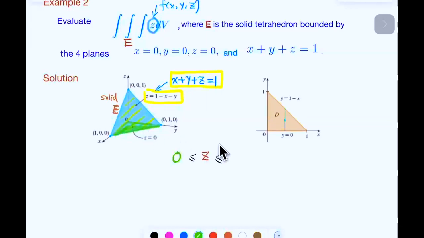And bounded above by what? 1 minus x minus y. So bounded above by 1 minus x minus y. Okay, so you said this is a Z type solid. Yes, you got it.